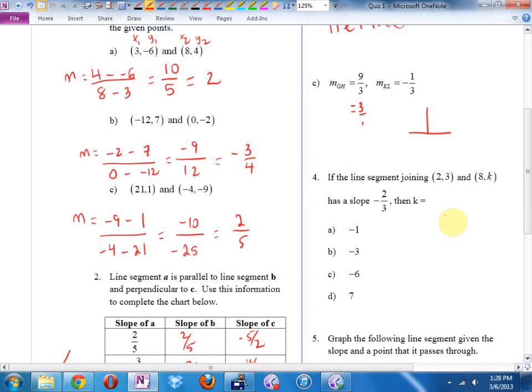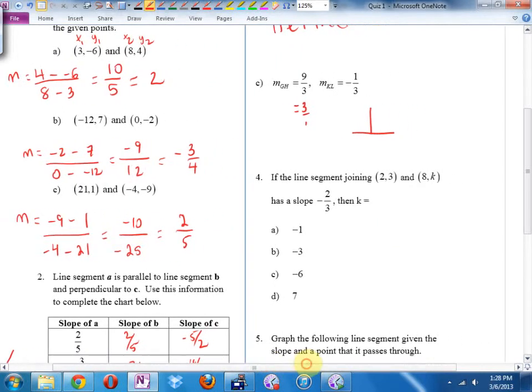If the line segment joining 2, 3 and 8, k has a slope of negative 2/3, then what is k? Well, I don't know what to do. Why don't I try plugging this into the slope formula?